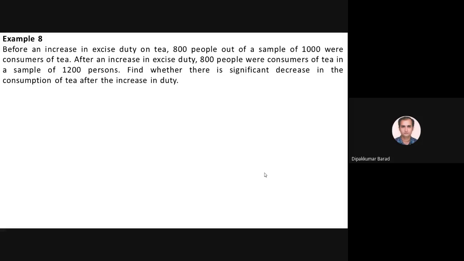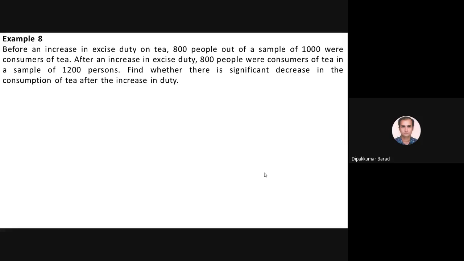So we have two different samples, 1000 and 1200 people, and 800 out of each are consumers of tea.